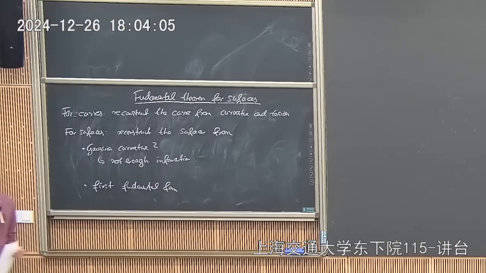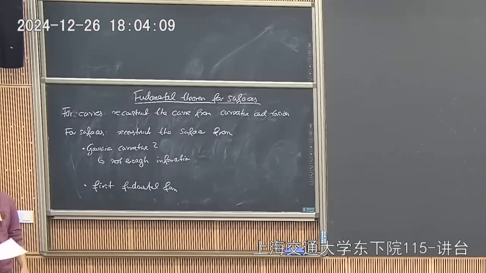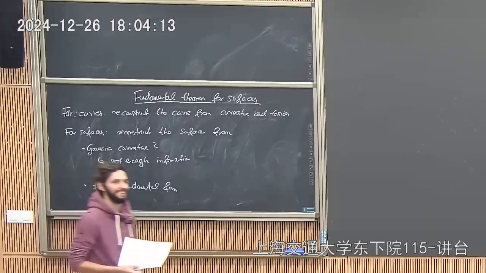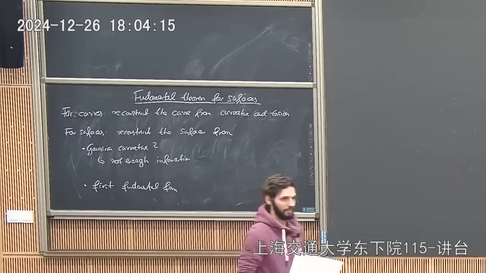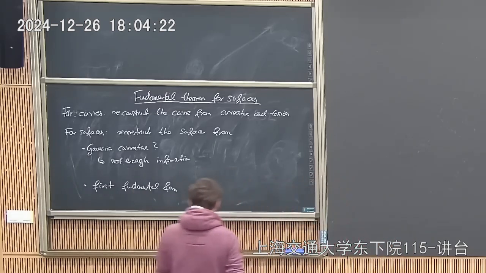But what about the Gauss curvature? Why is it not enough to specify the Gauss curvature? Okay, so if you have isometric surfaces, then you might have the same Gauss curvature. That's a good point.